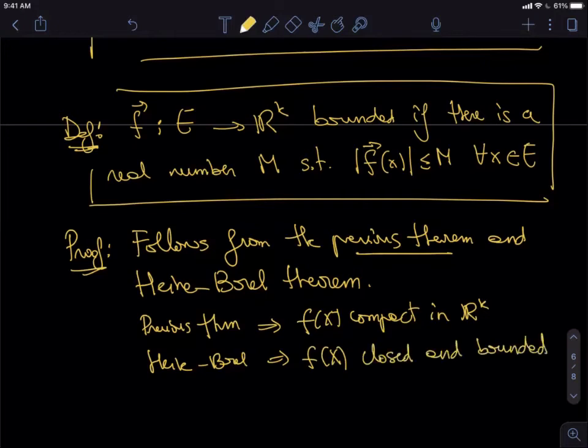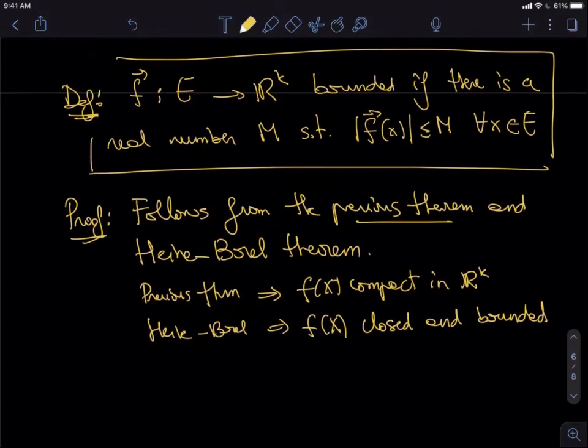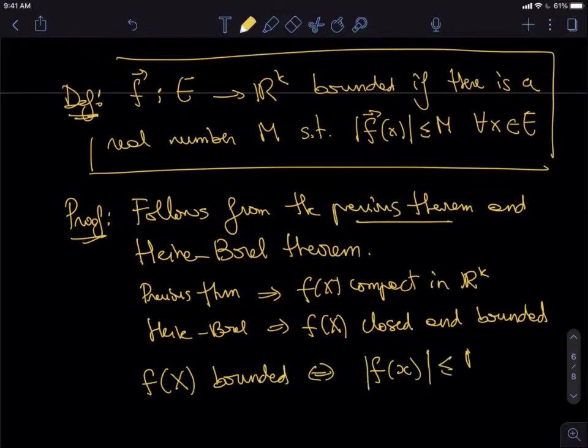That gives the first part, but then once we know that f of X is bounded, that means that for every little x in X, there is some bound, and that is precisely the definition of a mapping being bounded. So actually you see that the proof is just writing down the definitions carefully.